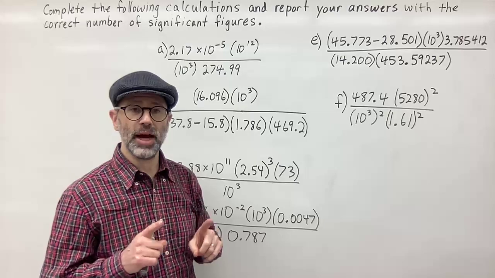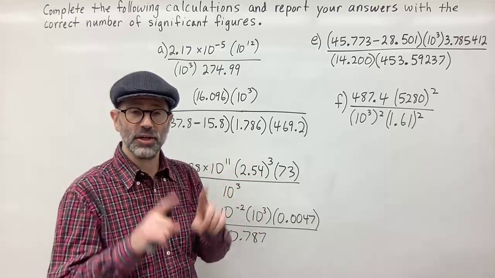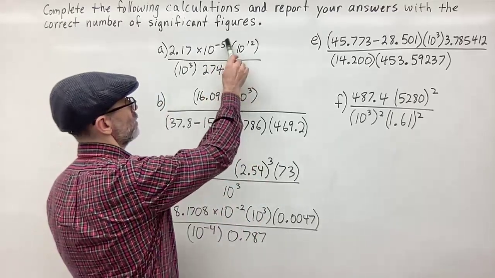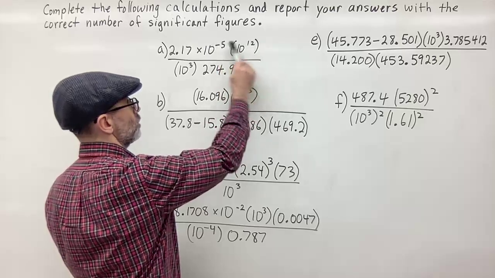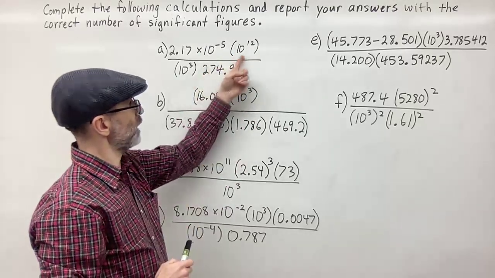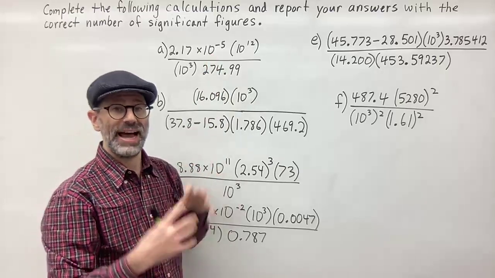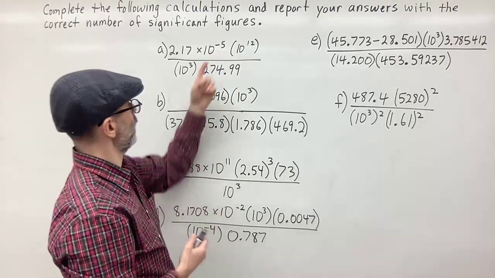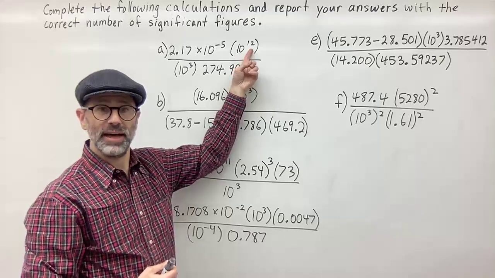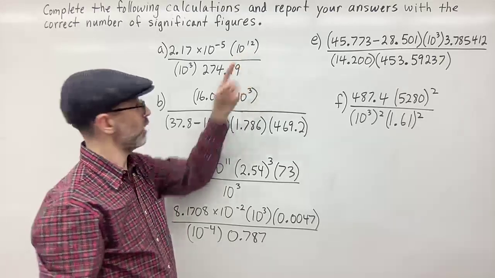If you have base 10 with exponents or powers of 10, then when you multiply these numbers together, you add the exponents. So negative 5 is added to 12, and then that gives us 7, right?